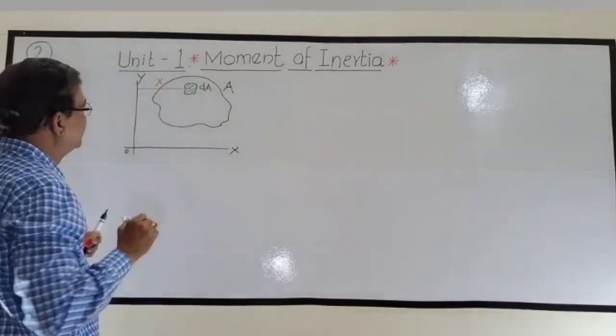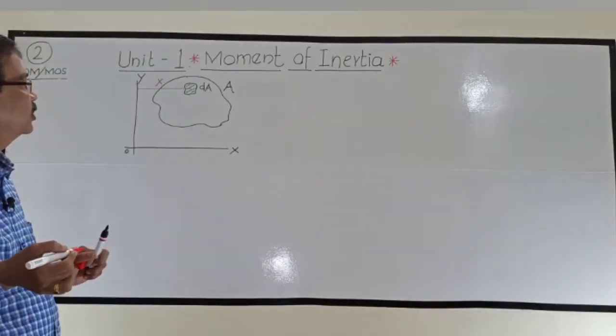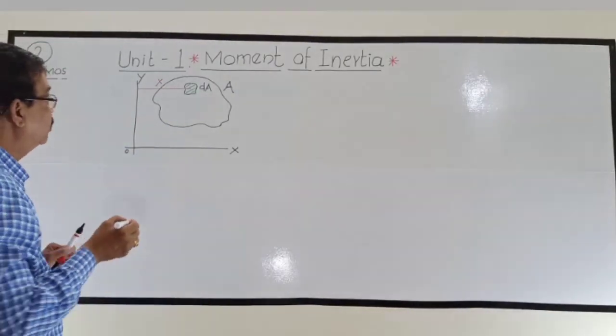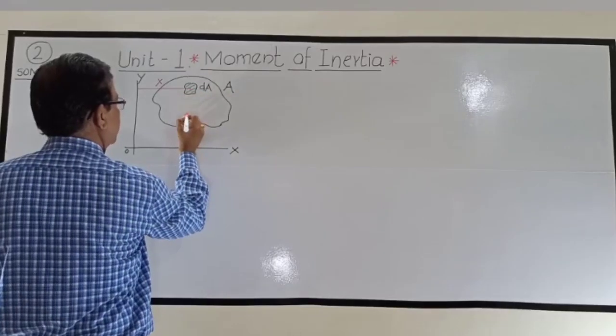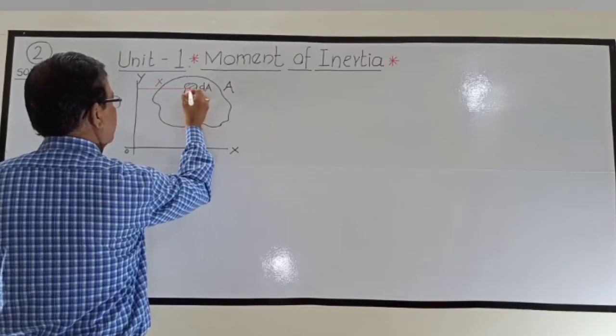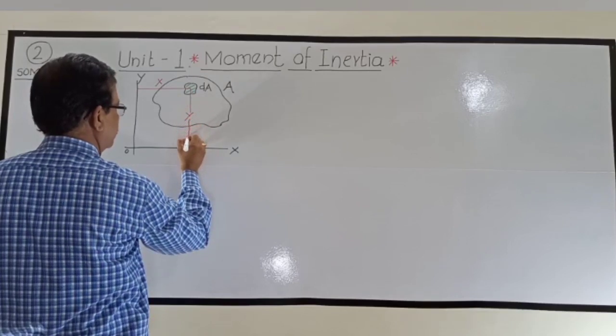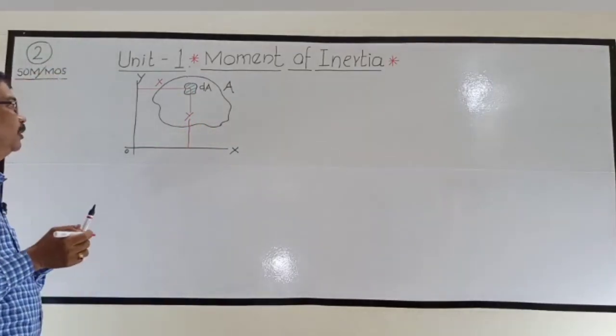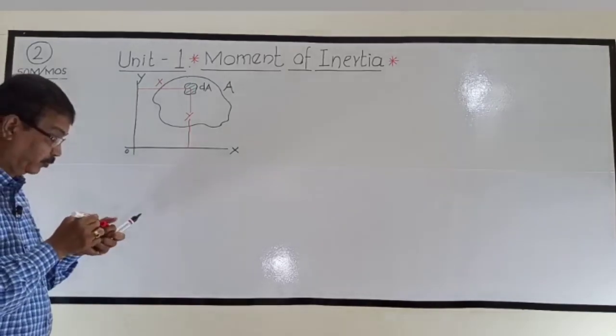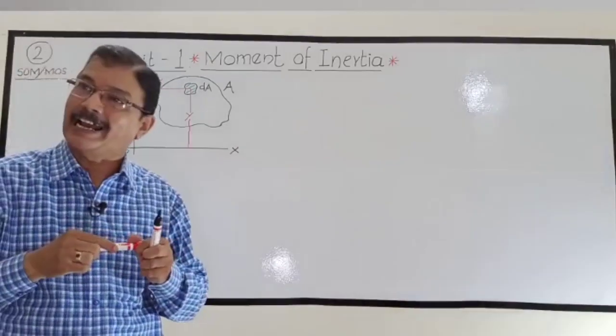Always keep in mind, x is the horizontal distance, always with respect to the vertical axis, and y is the vertical distance from the horizontal x-axis.